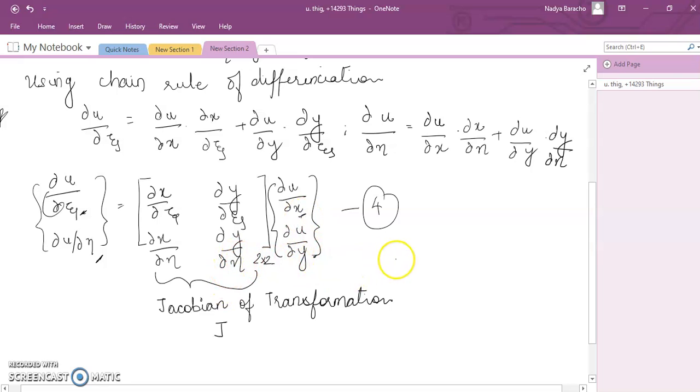So J is given by dou x upon dou zeta, dou x upon dou eta, dou y by dou zeta, dou y by dou eta.